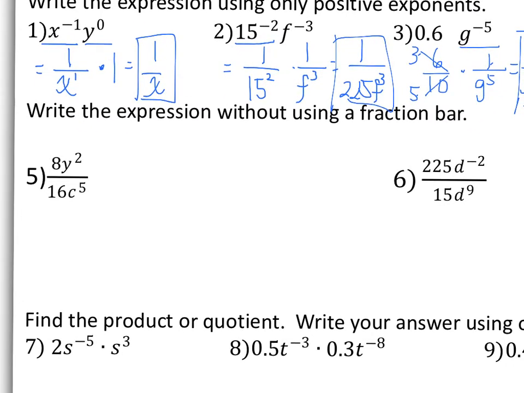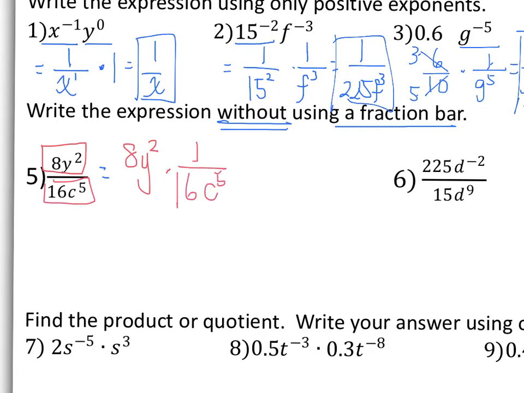For 5 and 6, we have to write the expression without using a fraction bar, okay? So 8y squared. It's already in the numerator, so we do not need to do anything to it. And for 16, c to the 5th power in the denominator, we could do this.